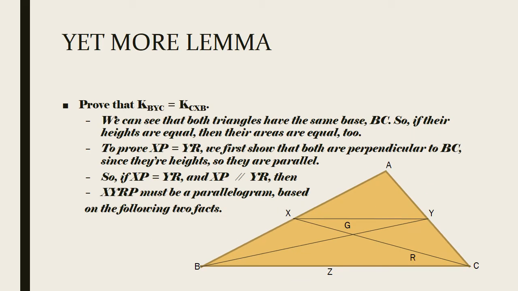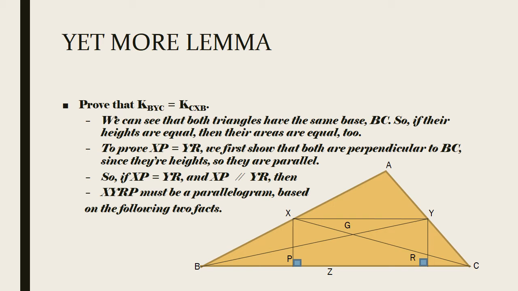We still have more of this lemma to prove, so going into it, we need to prove that the two triangles have the same area. And so looking at these two triangles, we see that they have the same base, BC. And knowing the formula for area of a triangle, if they have the same heights, XP and YR respectively, then they'll have the same area.